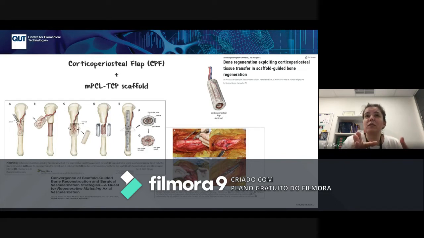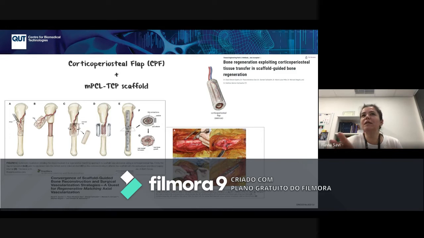Why large bone defects? Because you would use the scaffold for a critical size defect. For example, less than 3 centimeters, your body can heal that defect. Your body has the capacity of healing between 2 and 3 centimeters.